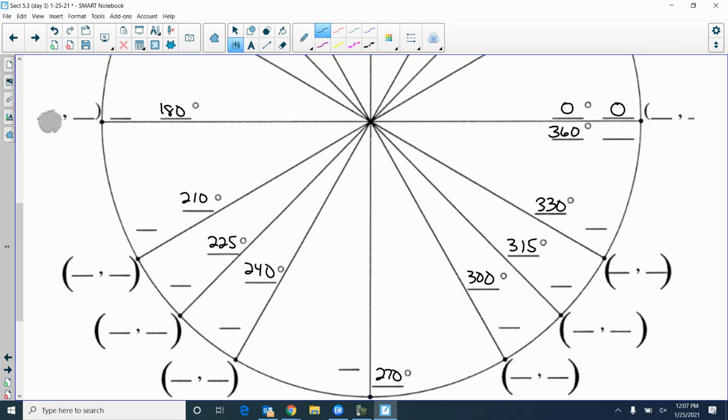Now I'm hoping that you can do the radians just by using the multiples of 30, the multiples of 45, the multiples of 60.